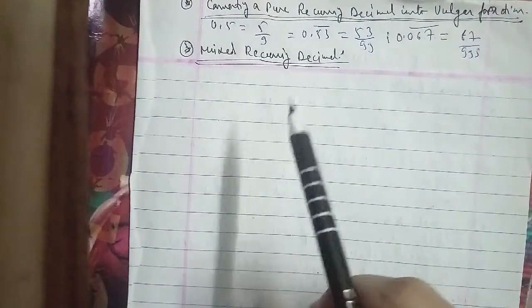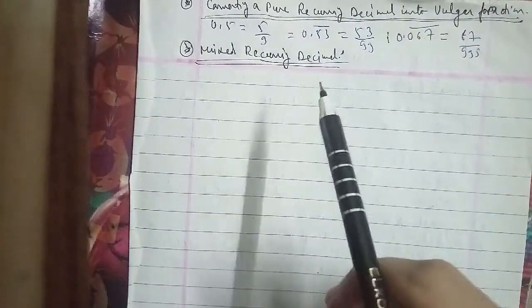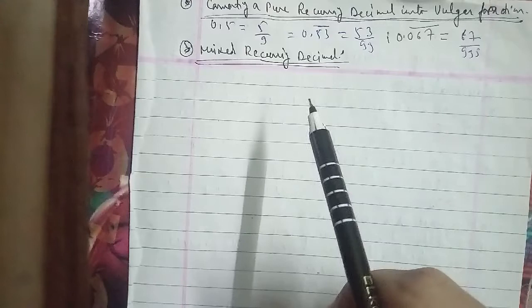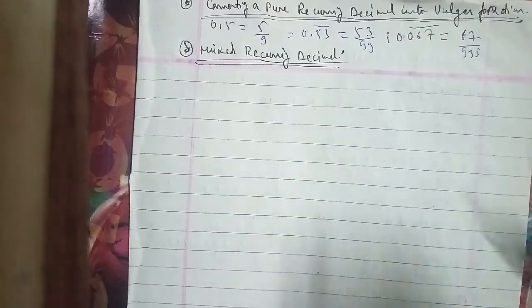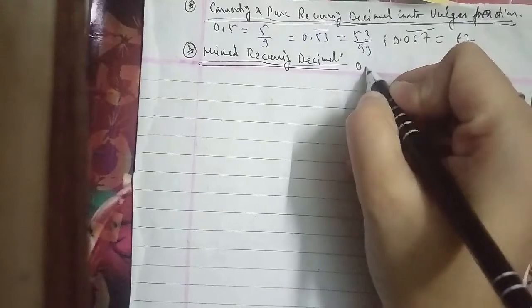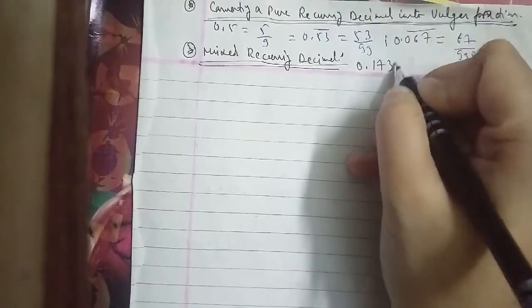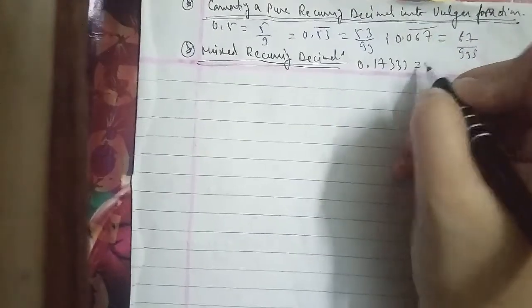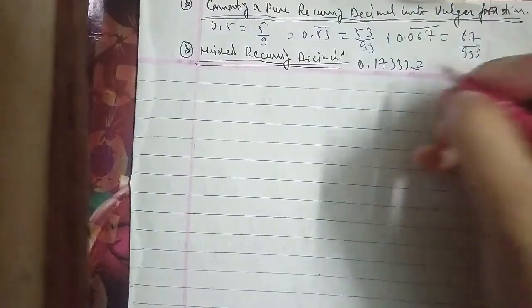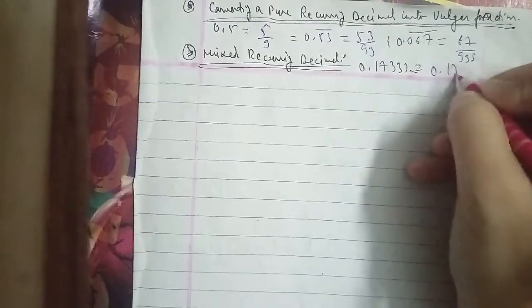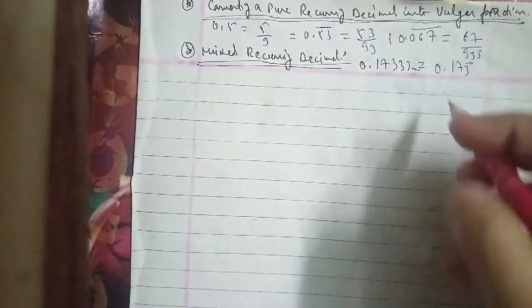Here we have the example 0.17333 and so on to infinity, which is 0.17 and 3 bar, that is 0.173 where the 3 has a bar.